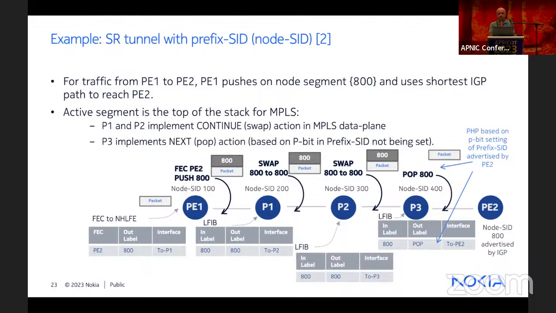Now, before I move on, I just want to make sure that you get this. How would this have looked in an LDP network? What would have been different in terms of the labels and so on? Anyone? A stack of labels? Not necessarily in an LDP network.